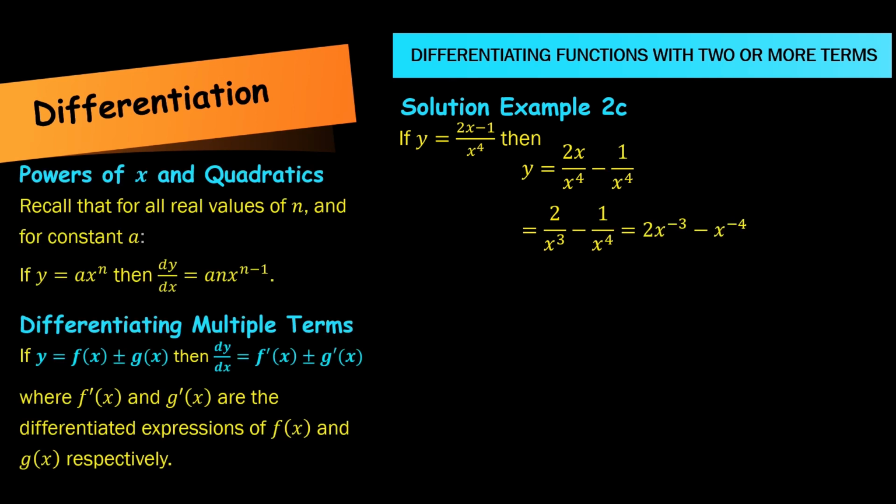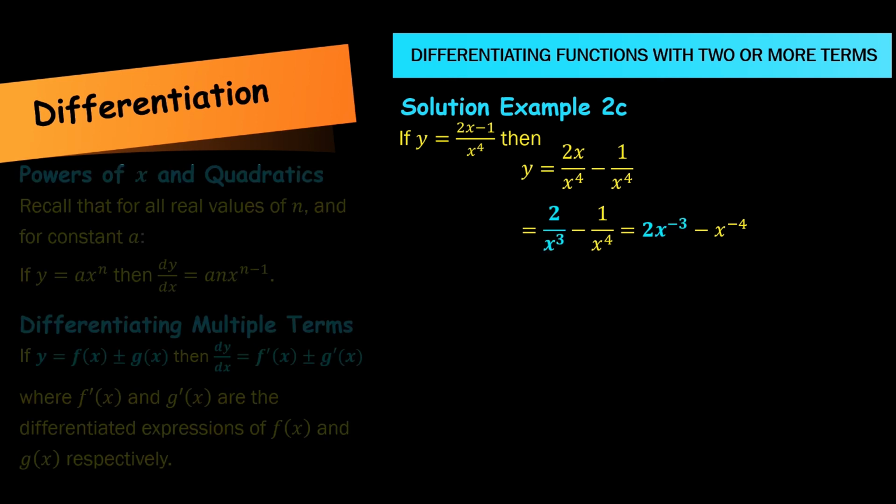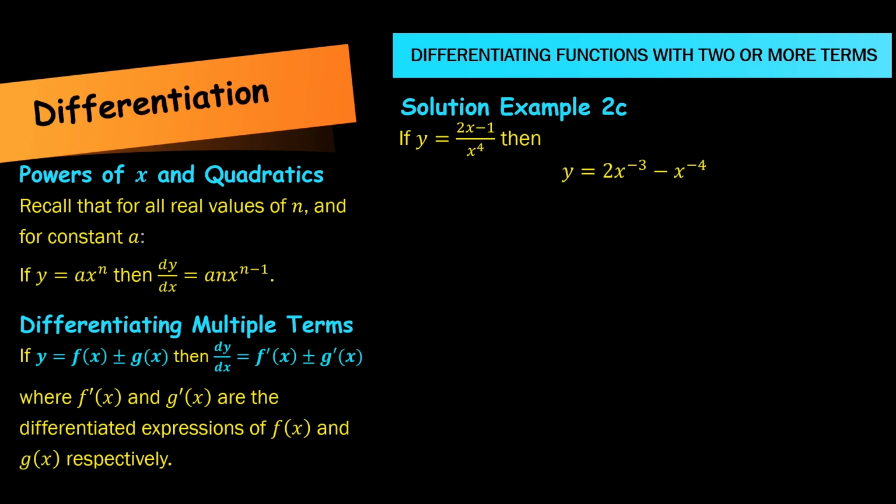And this can be rewritten as 2x to the minus 3 minus x to the minus 4. So here's our expression for y, which we can now work with in order to differentiate.